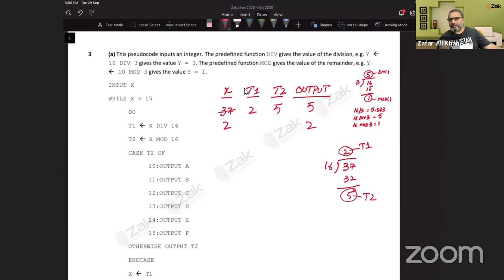It divides the number until the number is less than 15 and it divides the number by 16. All right. And it keeps doing it and finding T1 and T2. T1 is the quotient and T2 is the mod. As soon as the number becomes less than 15, it gives out the quotient as output and remainder as output.